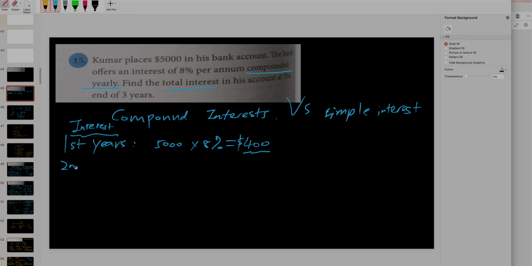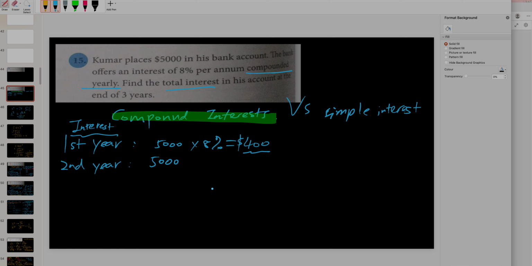Then the second year. Okay, so we are doing compound interest in this case. So for compound interest, the second year interest starts from the original 5,000, because you collect 400 interest after the first year, right?